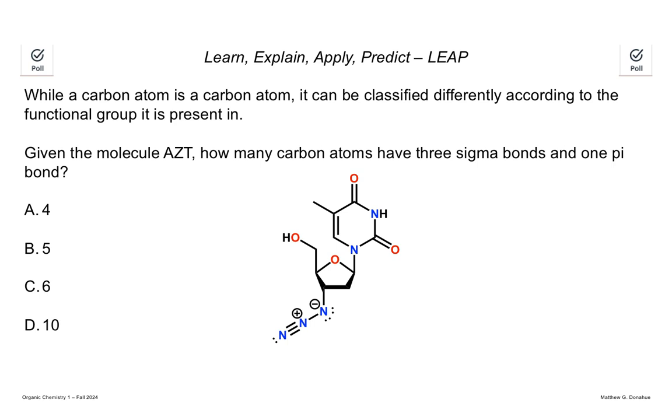So now we'll look at classifying the carbon atoms based on bonds. Before, we did carbons with 4 sigma bonds, and this question is asking you about carbons with 3 sigma bonds and 1 pi bond. So how many do you think there are?